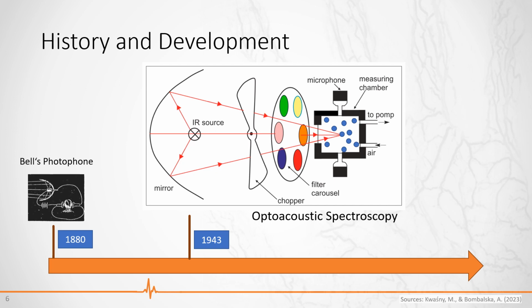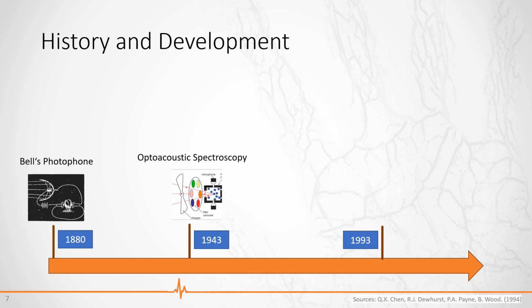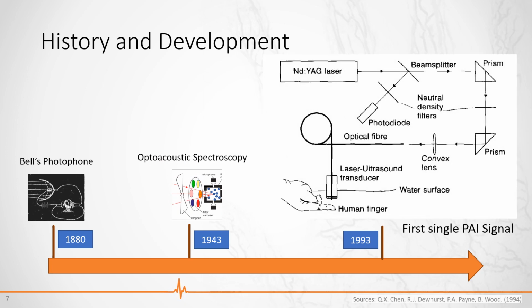For the first development of an imaging technique for human tissue instead of gas, we have to wait some more decades until 1993. Here, the first optoacoustic measurement of a human finger was done.